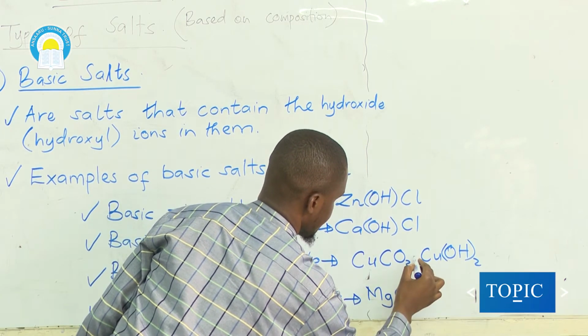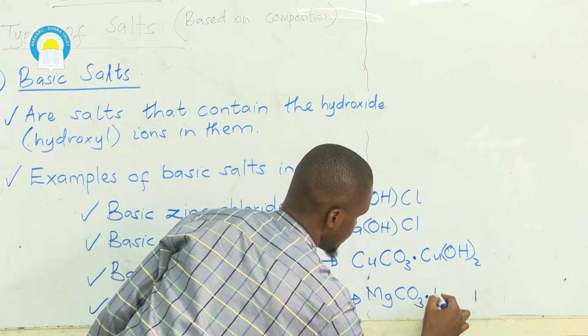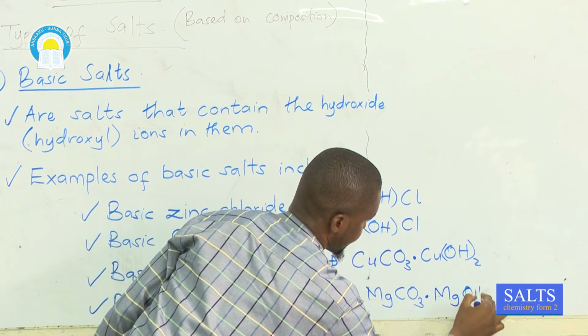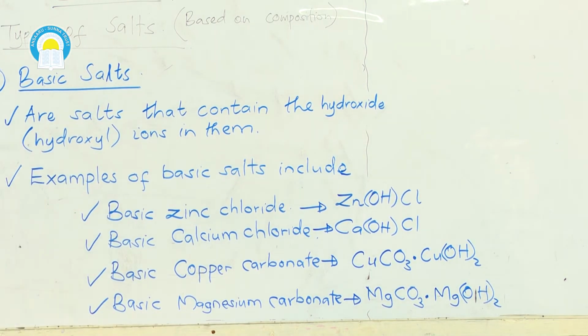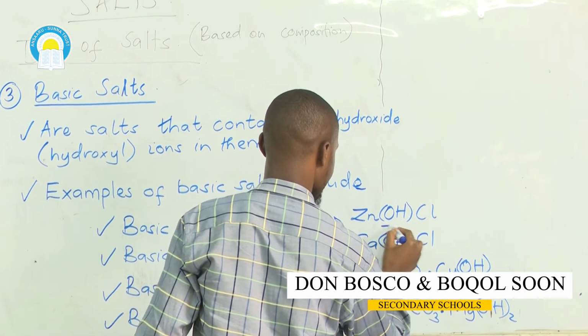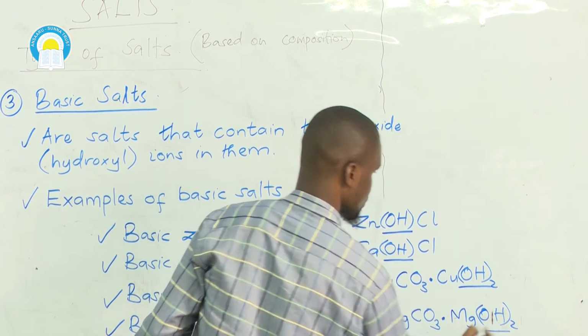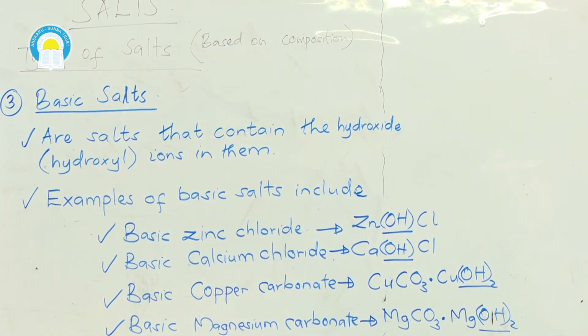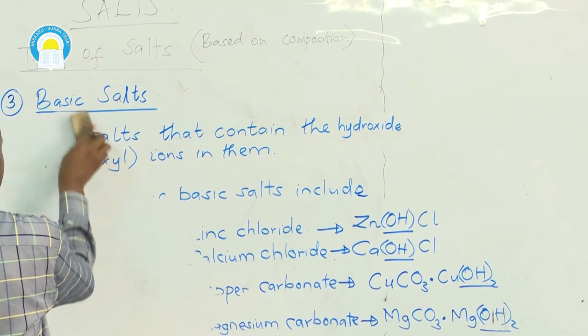There is a dot there showing that it is also a double salt. That is MgOH2. Double salt because of the fact that they have the hydroxide in them. So it is the presence of the hydroxide ions that make these salts be called basic.